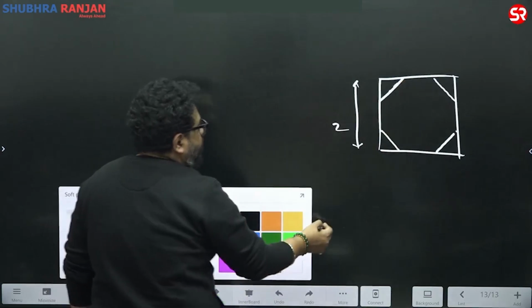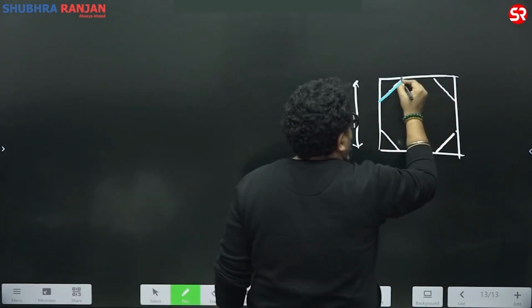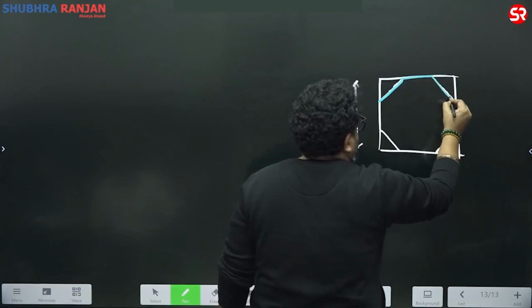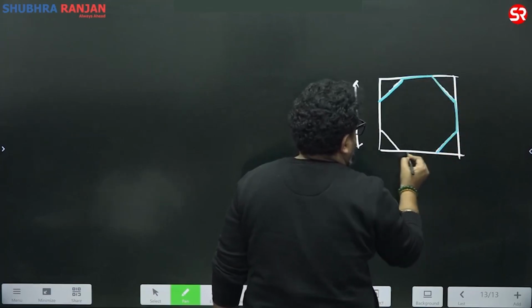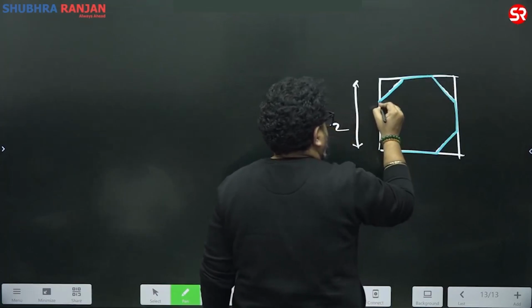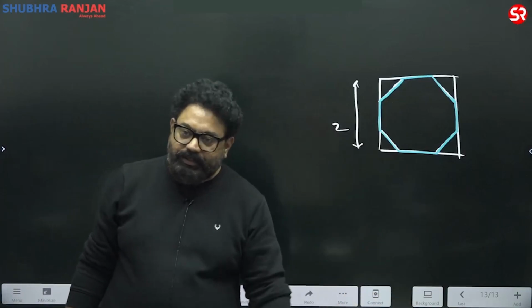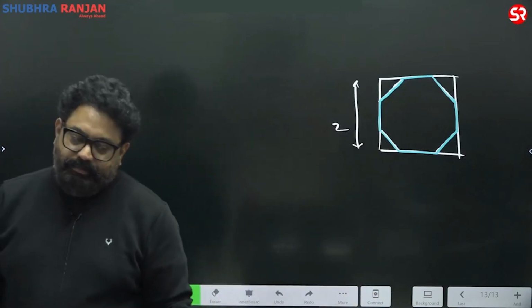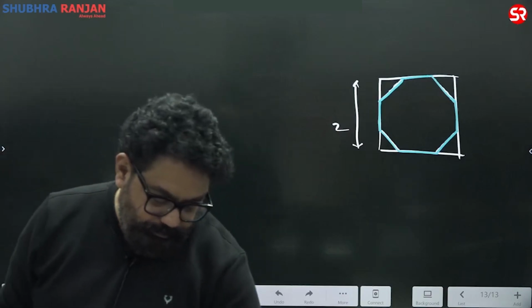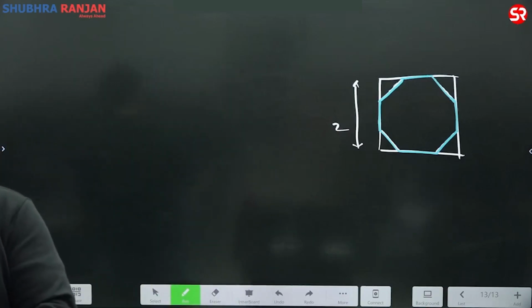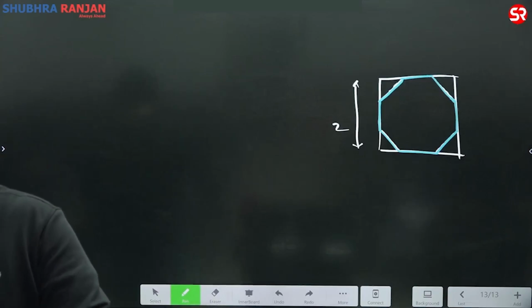So I am proclaiming the figure that I've got over here is a regular octagon. क्या है ये? Regular octagon. Find the dimension of the octagon, side of the octagon. बनाओ, ऐसा नहीं हो सकता है.